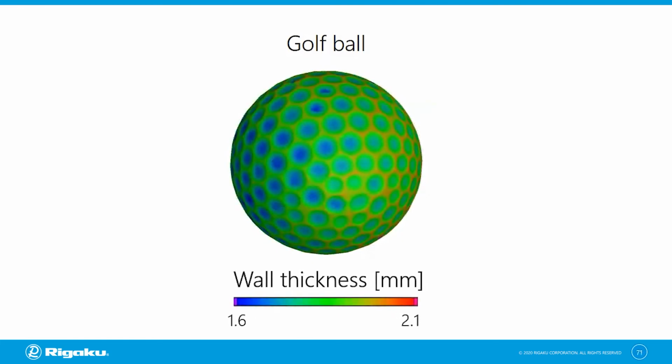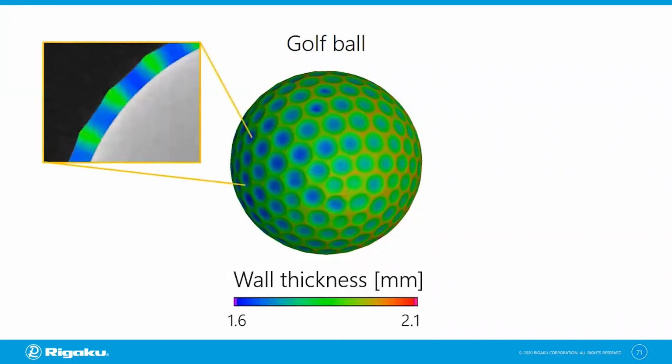In this image, the hard shell wall thickness is color coded. Blue is thin and orange is thick. When you look at this image, you might realize that it looks asymmetric. On the left side, the color variation is from blue to green.